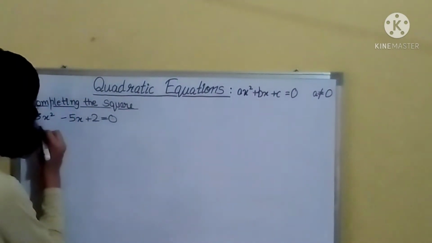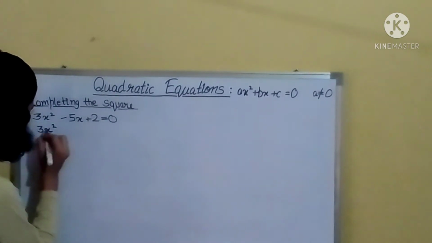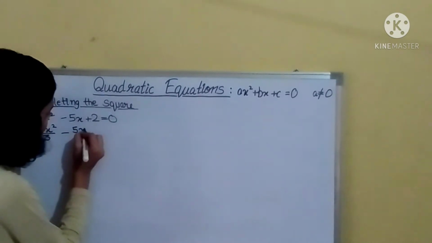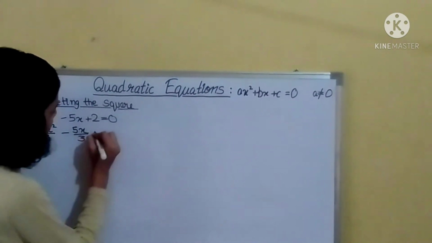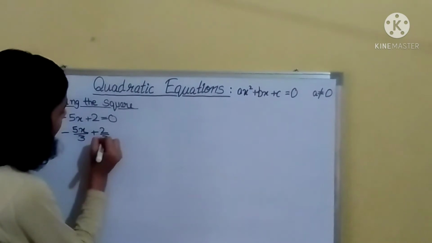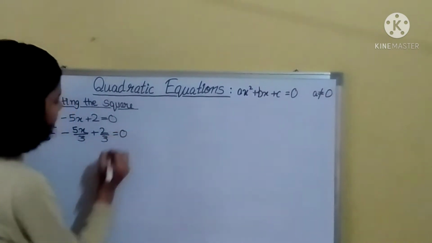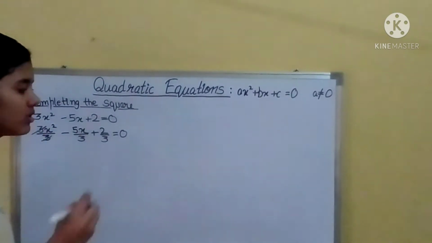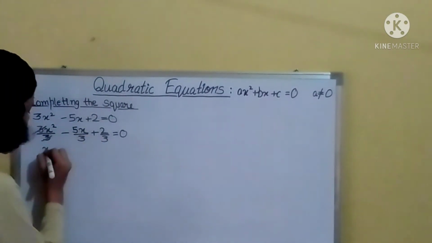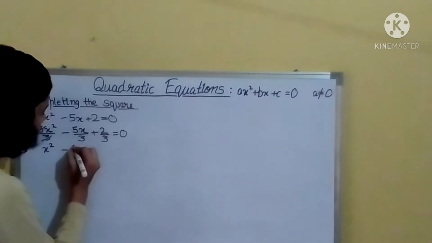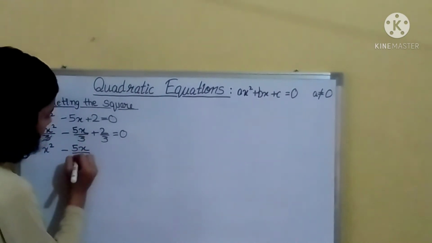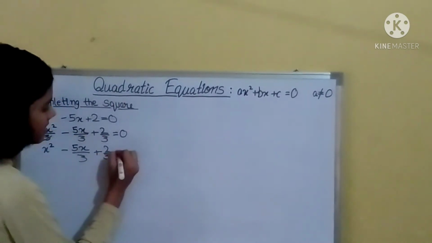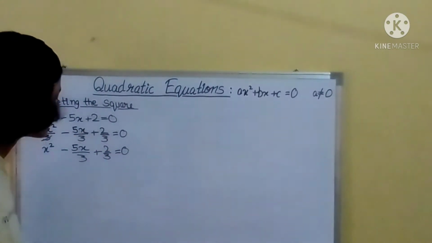So 3x square upon 3, then minus 5x upon 3 plus 2 upon 3 is equal to 0. Then 3 will cancel out, so the coefficient of x square is removed. x square minus 5x upon 3 plus 2 by 3 is equal to 0.